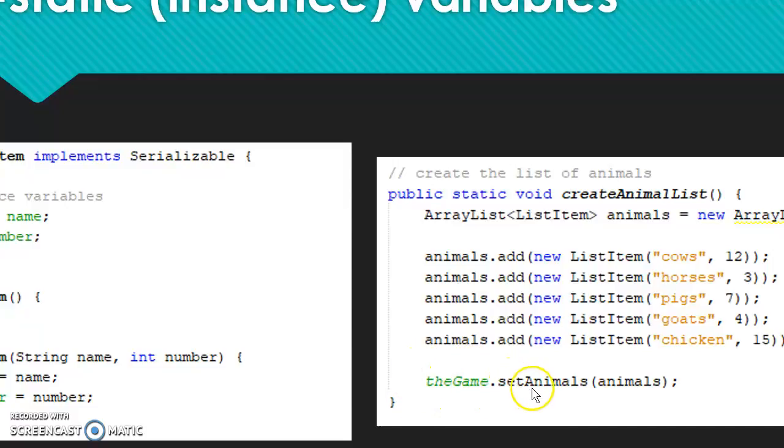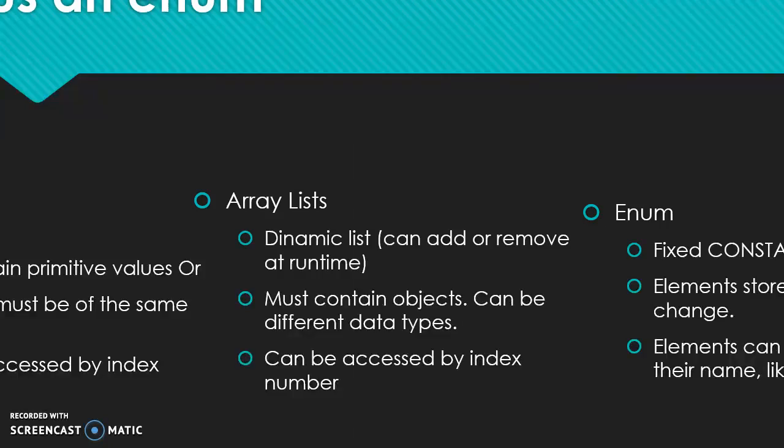So methods that are non-static have to be called from an object, not like a static class method that you have to call directly from the class. You have to call it directly from an object. That's the big difference.